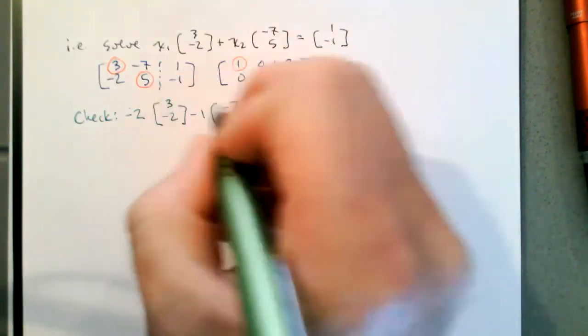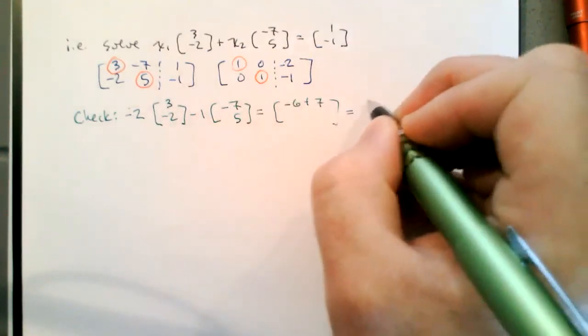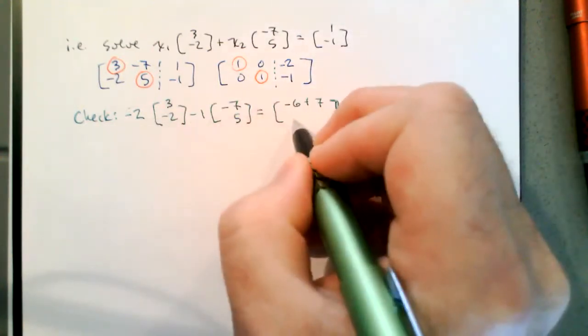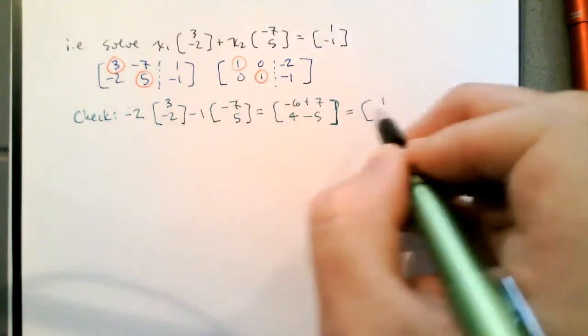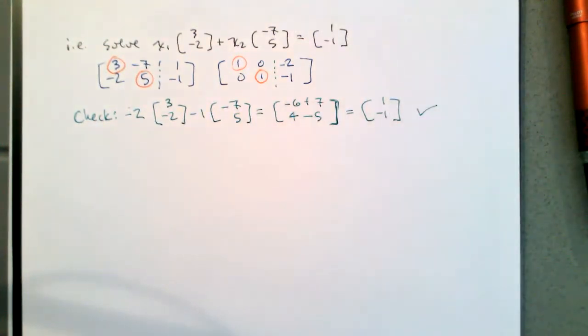So I got -6 plus 7 is 1, and 4 minus 5 is -1. That shows that this checks out: (1, -1) is -2 times the first vector plus -1 times the second vector.